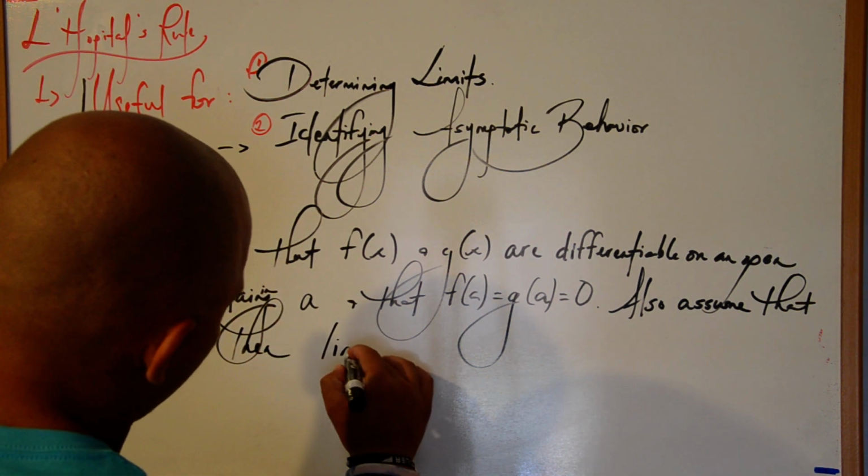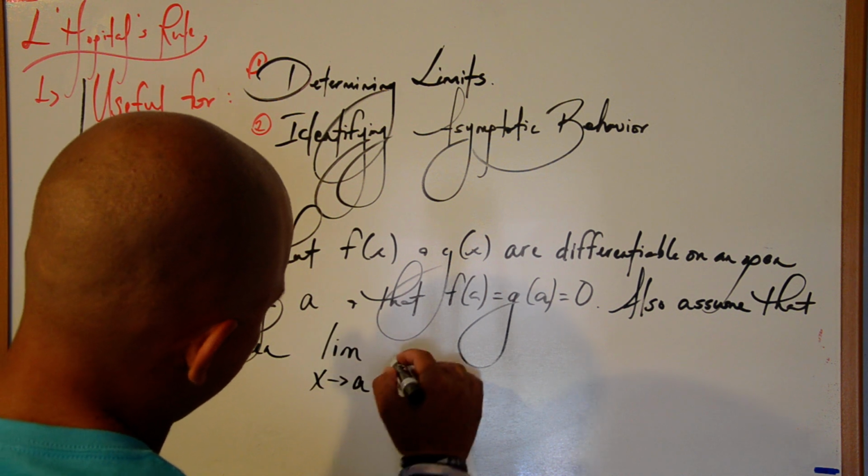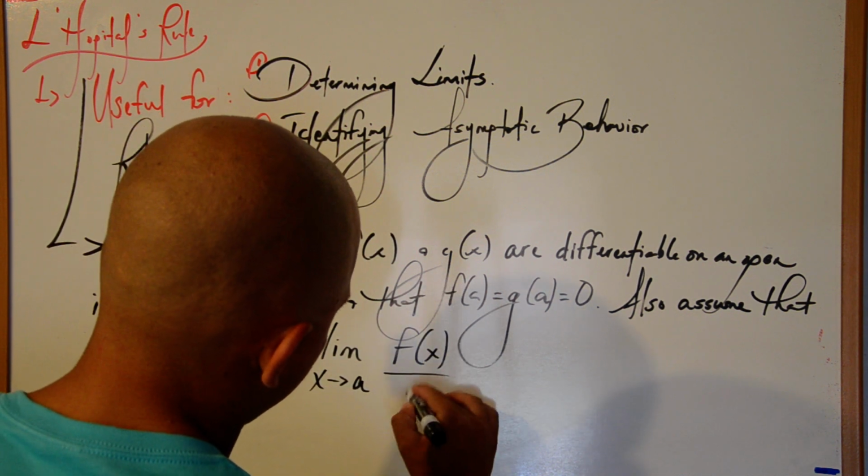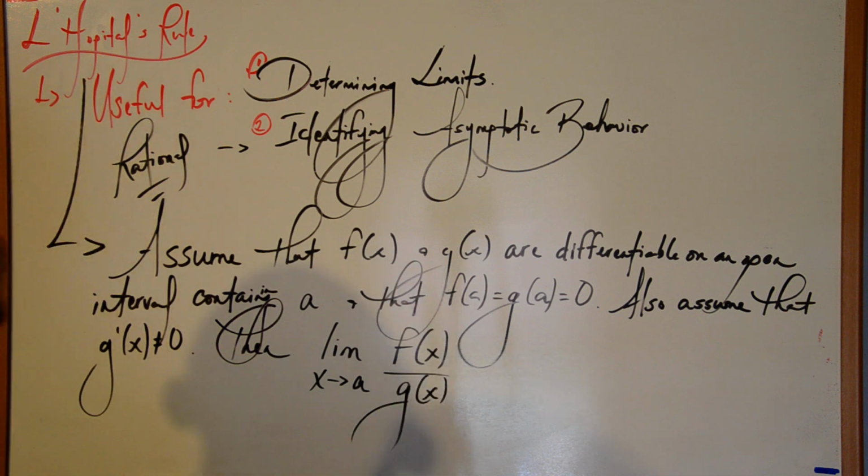Then you can say that the limit as x approaches a of f of x divided by g of x. So once again, we're applying L'Hopital's rule when we have a rational function.